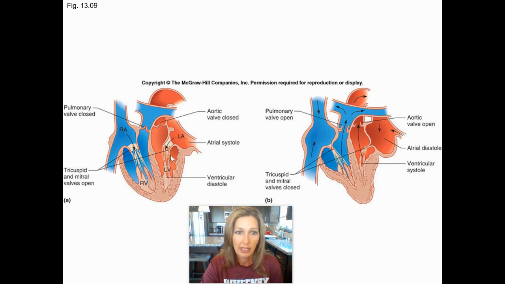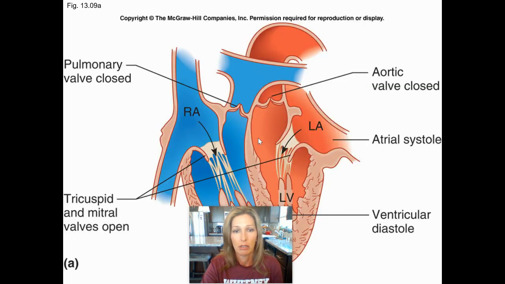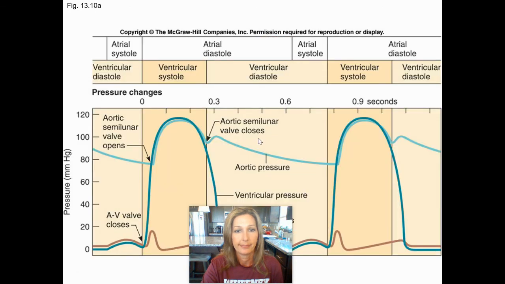If you're hearing blood moving, it's probably going through the valves backwards, and that is what a heart murmur is, which is no bueno. But when you hear a heartbeat sound, you are hearing valves closing. That first beat you hear is the AV valves snapping closed. The second part of the heartbeat is the semilunar valves closing.